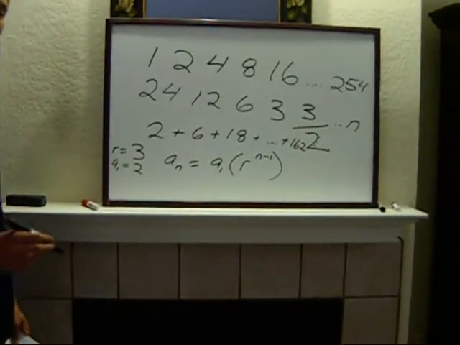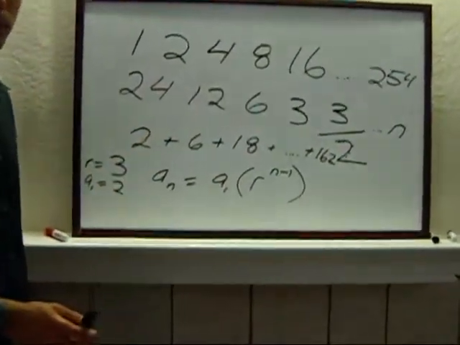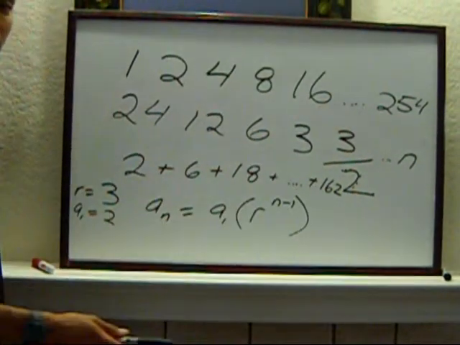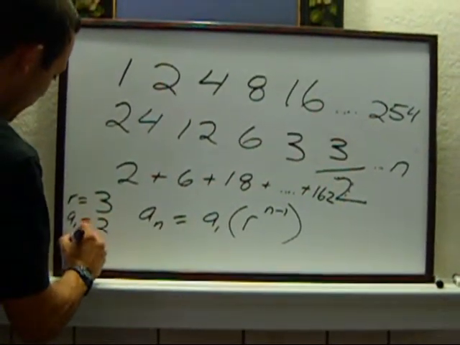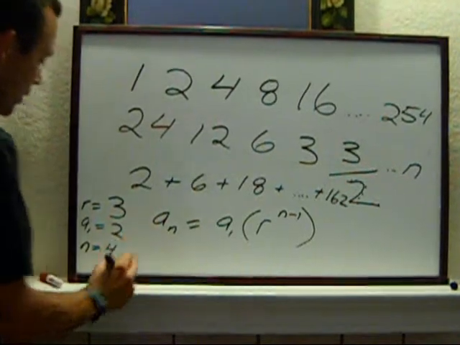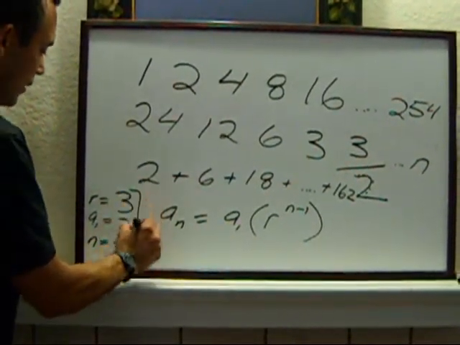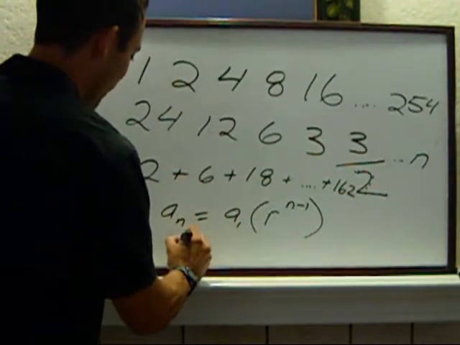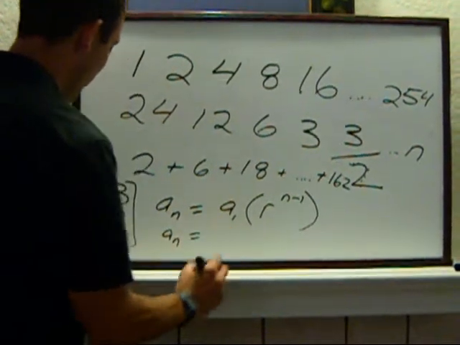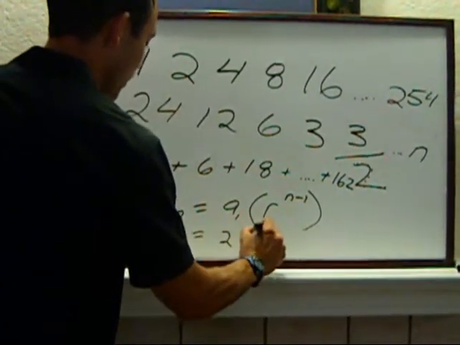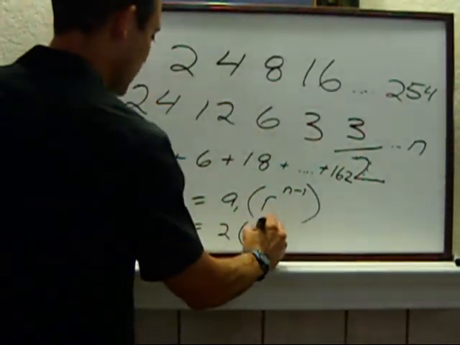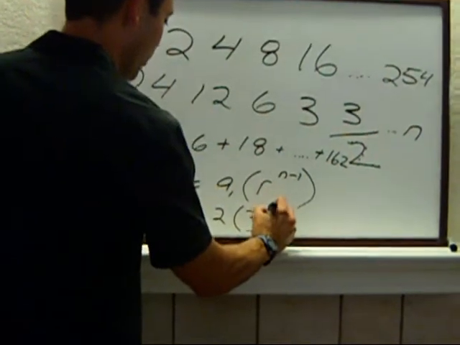Okay, so now the question is to find the fourth term. That means n equals 4. Okay, so we have all of our numbers. We're going to plug them into our equation in order to get our answer. So a sub n equals 2 times 3 to the power of 4 minus 1.